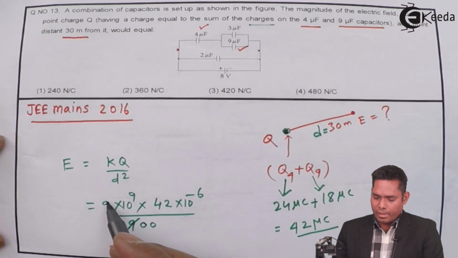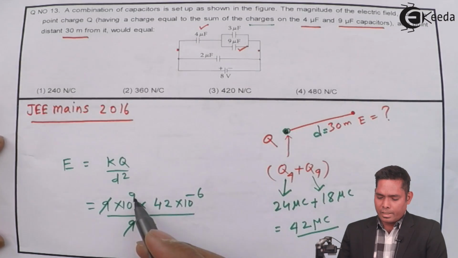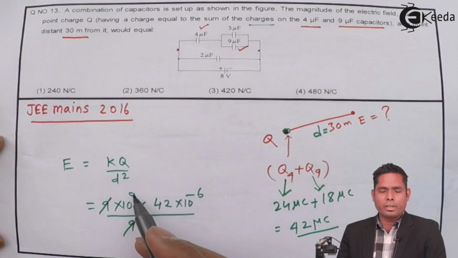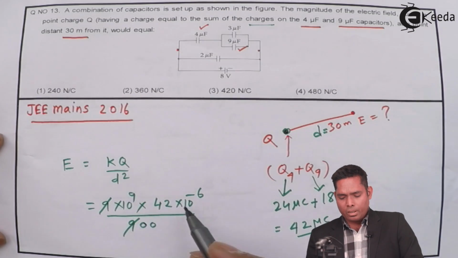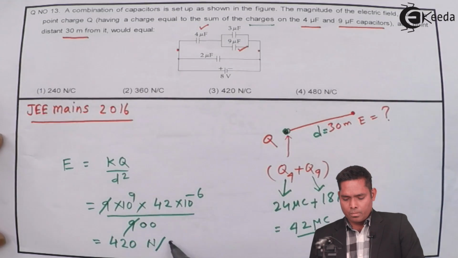This 9 and this 9 will cancel, this 0 will go up and this will become minus 8. This minus 8 and 10 to the 8 will cancel, only 1 zero is left. So this is 42 and 10. So the answer is 420 Newton per coulomb.